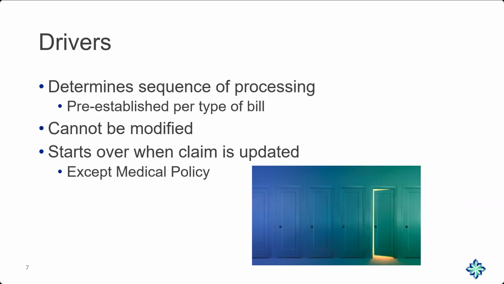It seems like it would be more efficient. But the reason is that once your claim hits an edit within a driver, it can't go any further. So it hasn't gotten to the next room or the next driver for those subsequent reason codes yet. Hope that makes sense.